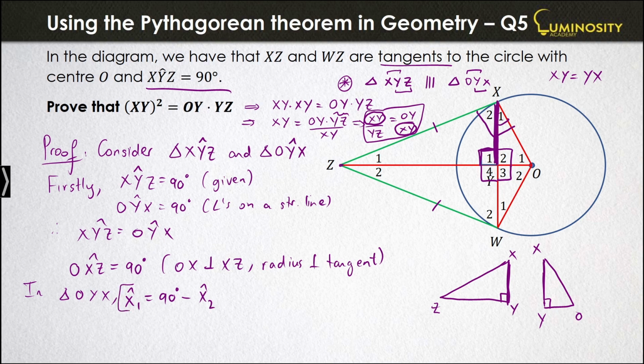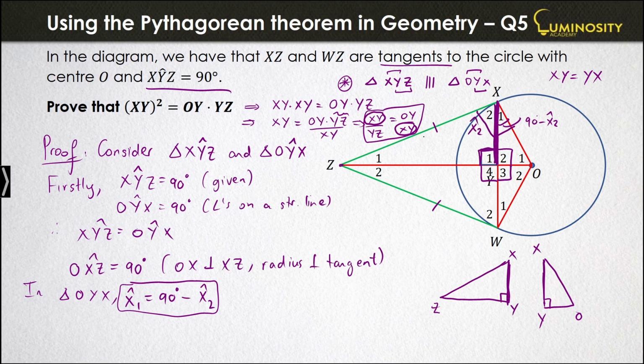So this equation is true: X1 is 90 degrees minus X2. X2 is this angle here, so we can just call it angle X2.